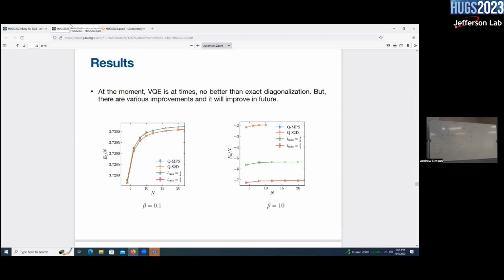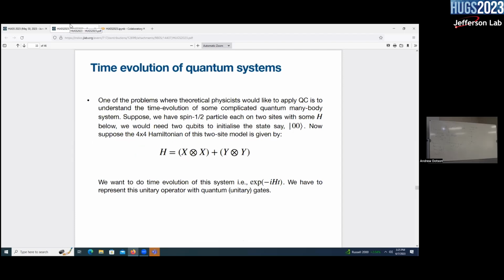Now, if you remember, one of the first things I said about why Feynman was interested in quantum computation is to look at the time evolution of a quantum system. Time evolution of a quantum system is a notoriously hard problem, and more so for real interacting quantum field theories. If you remember, the title was, what can quantum computing teach us about quantum fields?